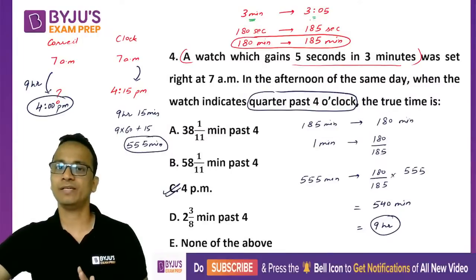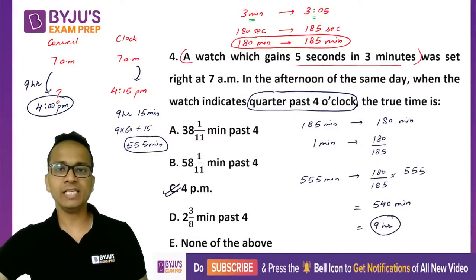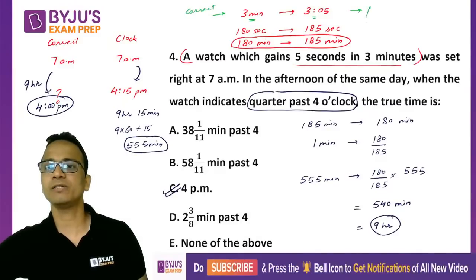That is the clock being talked about. So 3 minutes means 180 seconds, and 3 minutes 5 seconds means 185 seconds. So when 180 seconds elapse, 185 seconds will pass in the faulty clock. This clock is a correct clock, correct time, and this is faulty.